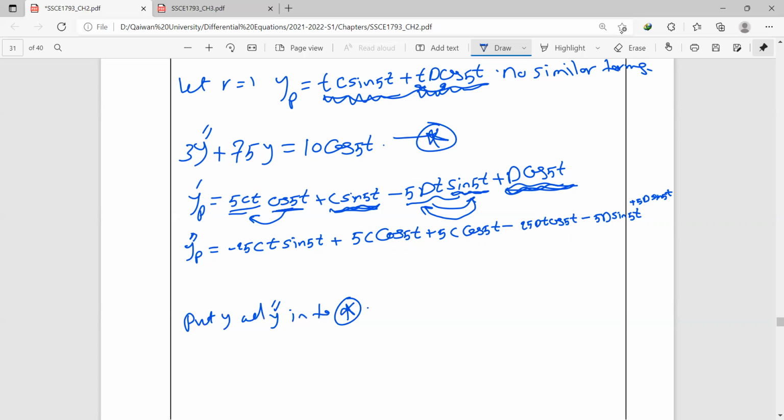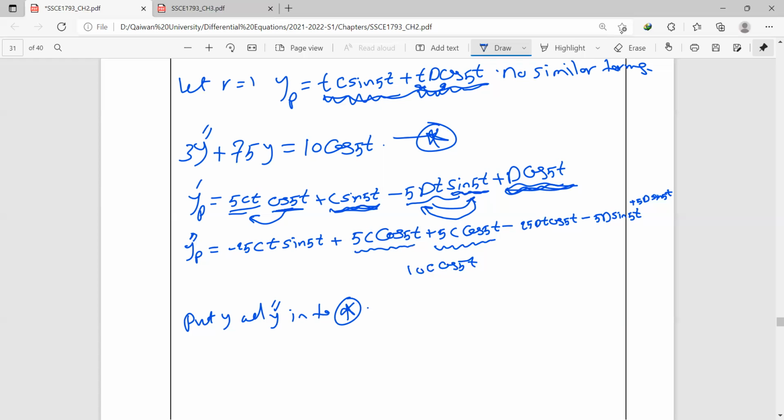Let's check if there's any simplifying it. Here we have 5c cosine 5t and 5c cosine 5t. So this is 10c cosine 5t.